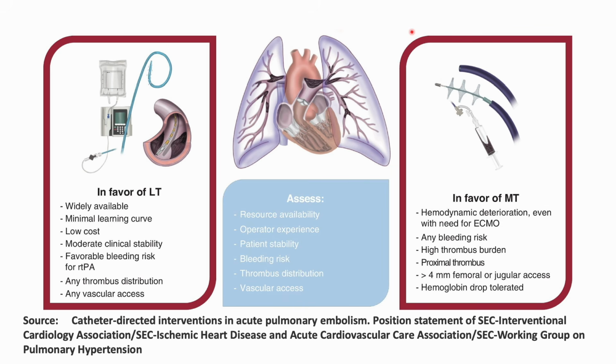Basically, patients with hemodynamic deterioration, even with the need for ECMO, this is more favorable. Patients with bleeding risk, patients with high thrombus burden. This is not an image taken from the guideline, please note that. However, I've included it for better understanding of what we are talking about.